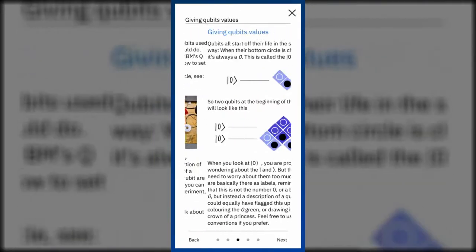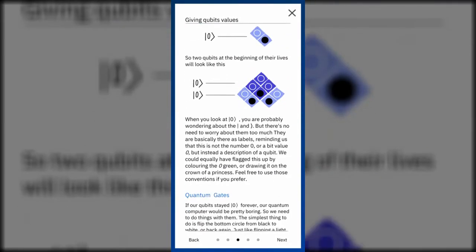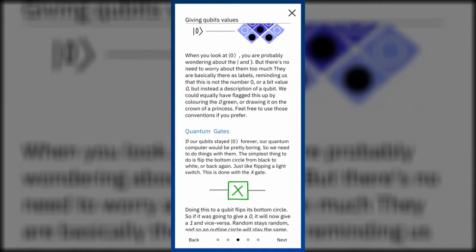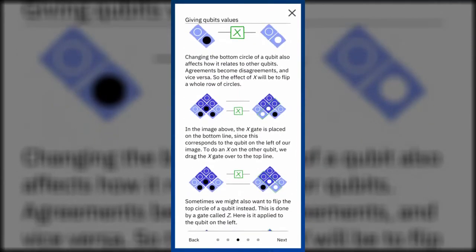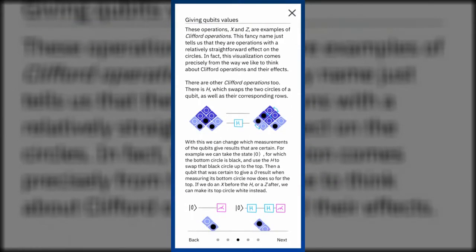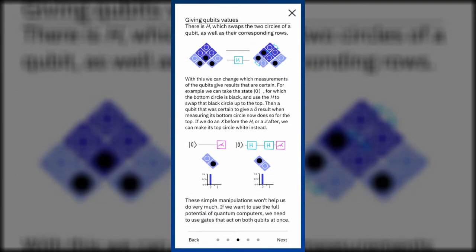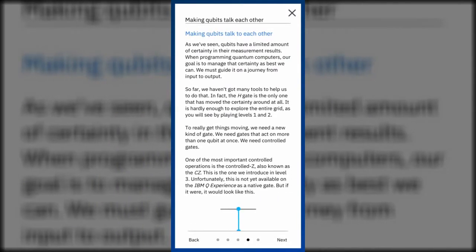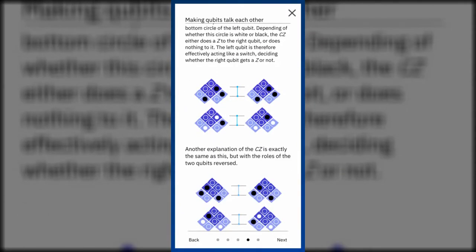Where was that? Agreement, disagreement, and so on. It seems to me like, okay, I think I can maybe deduce it from here, because it seems like always when there's a white circle in the middle, there are two different ones in the measurement.